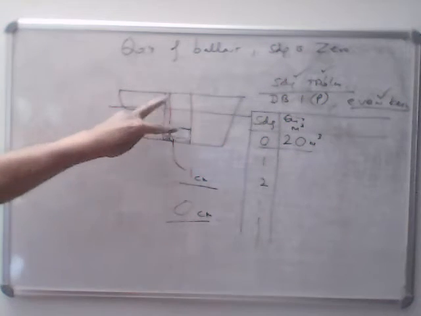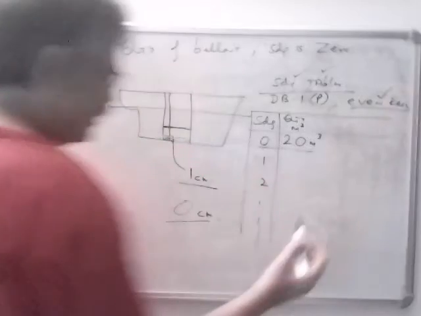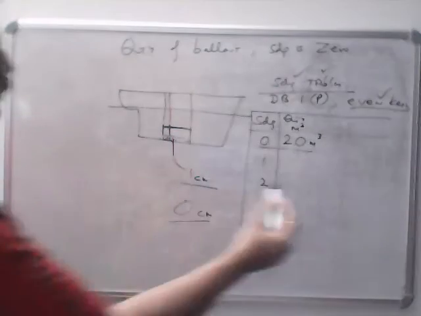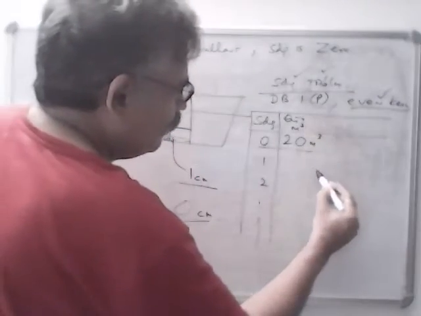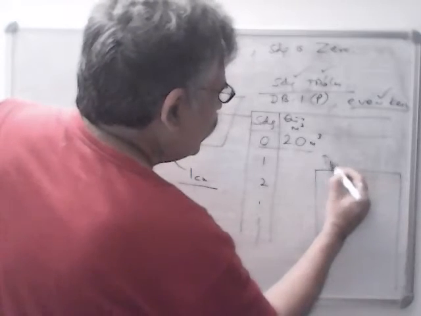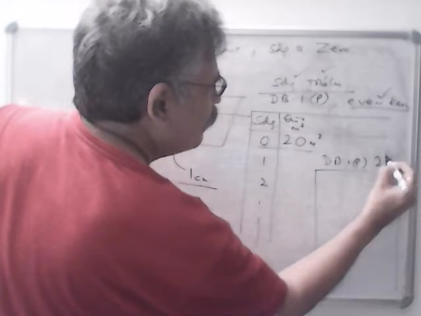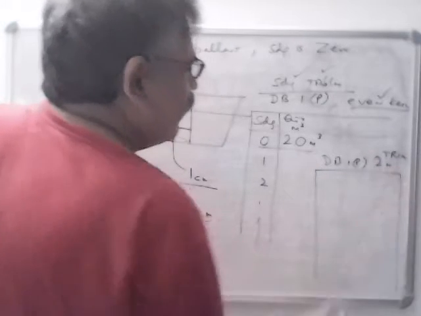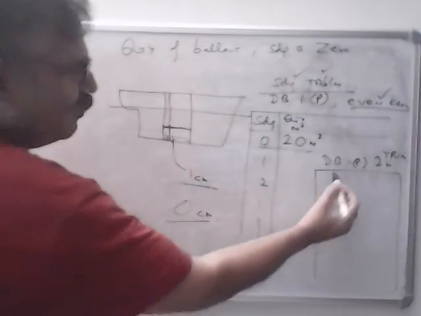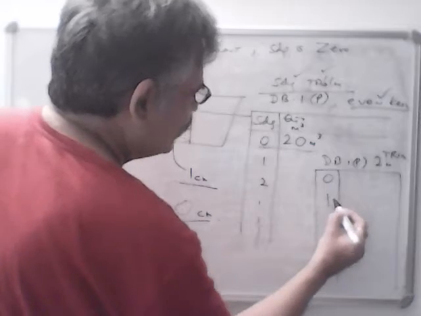Now, same ship, let's say sounding table DB1 port, and let's say 2 meters trim. Now, same ship when it had 2 meters trim and you have zero sounding, 1 centimeter sounding.